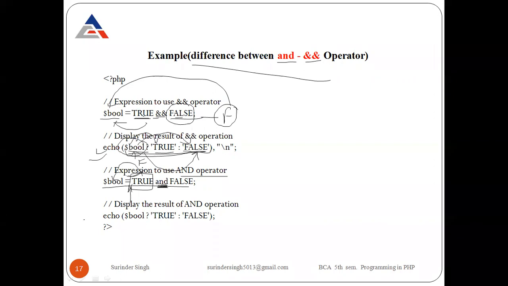And when we perform this conditional statement, now bool has the value true, and if expression 1 is true, then expression 2 will be executed. And it will print true. But what is the actual correct result? False.